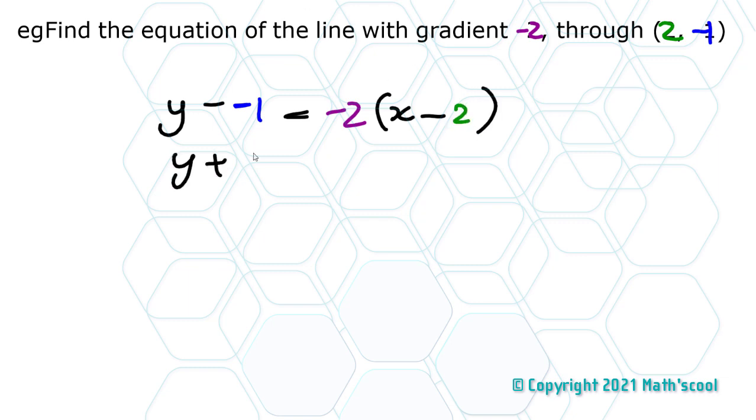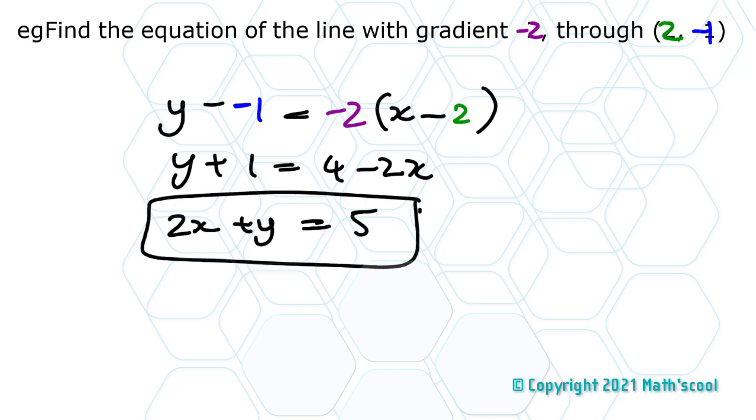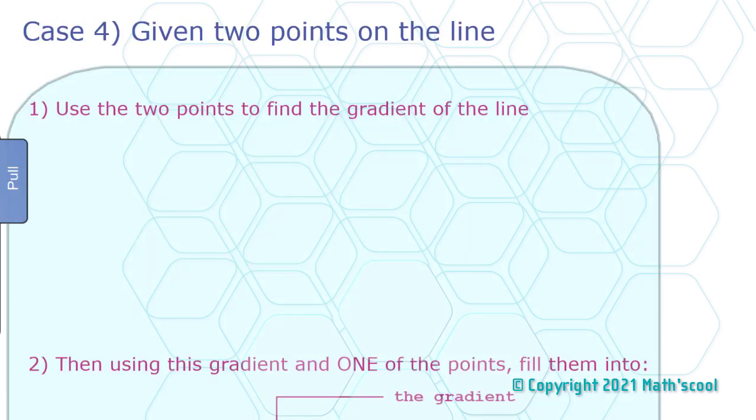Multiply it out: y plus 1 equals 4 minus 2x, and then 2x plus y equals 5. That's the most usual situation. In fact, whenever we're trying to do a more convoluted question and we've got a line on our diagram, I'd ask you: do you know a point on that line? Do you know the gradient? If you do, you can find its equation.